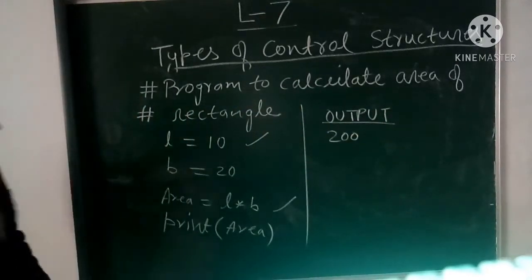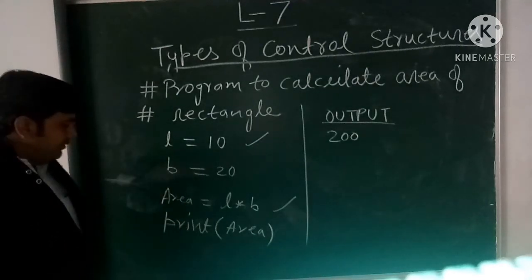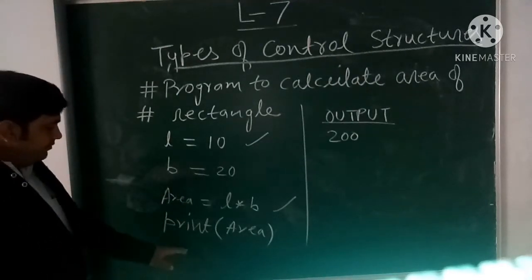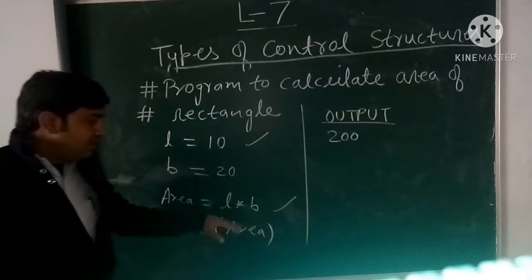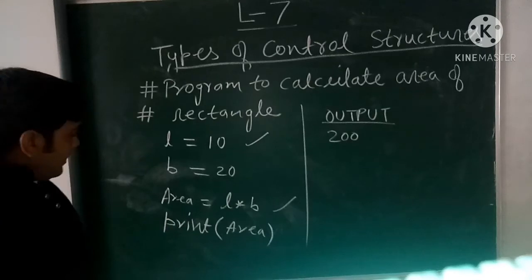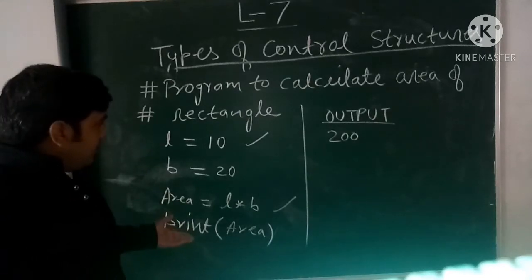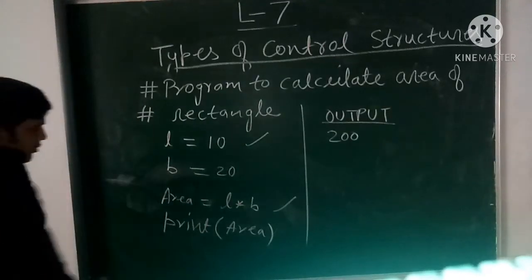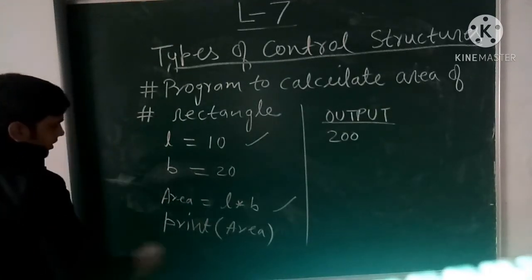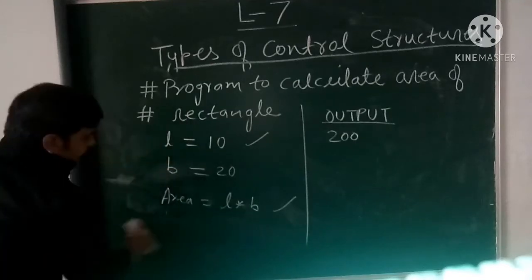That is the area. But if you want to skip a certain part, meaning you want to print the area only if the area is less than 100, see how we can do it. Before this line, we write one conditional statement.